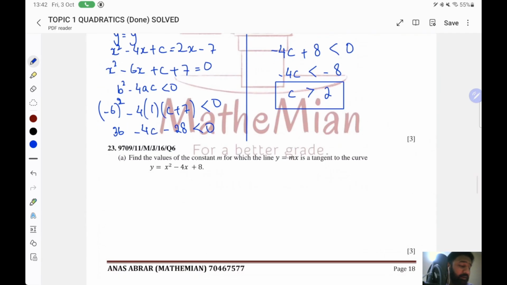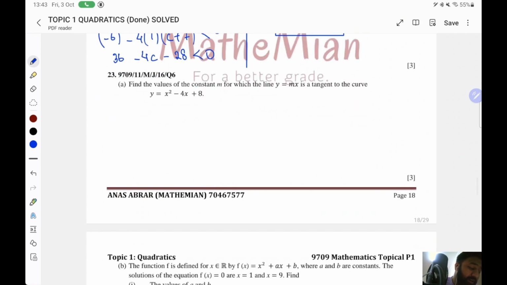Okay, let's move on to question number 23, which is May June 2016, question number 6, paper 11. Find the values of the constant m where the line y equals mx is a tangent to the curve. Tangent to the curve means that they are first intersecting.